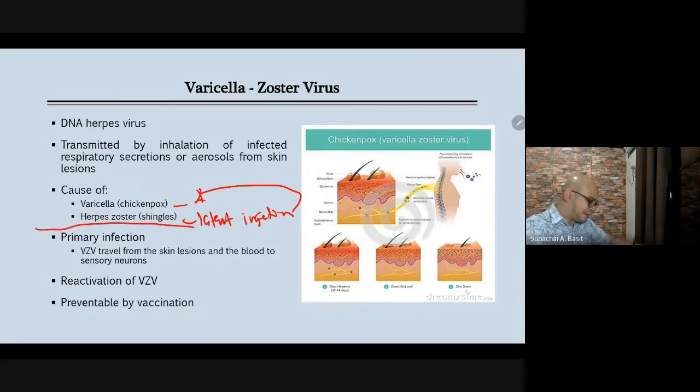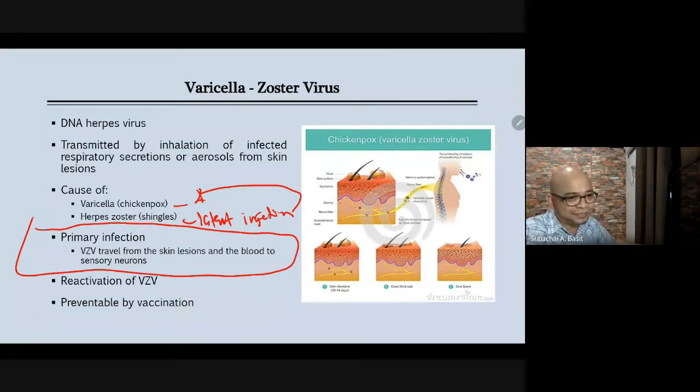The primary infection is the varicella zoster virus, which will travel from the skin lesion and the blood to the sensory neurons. Okay? Having shingles is actually more painful than chickenpox. You know why?